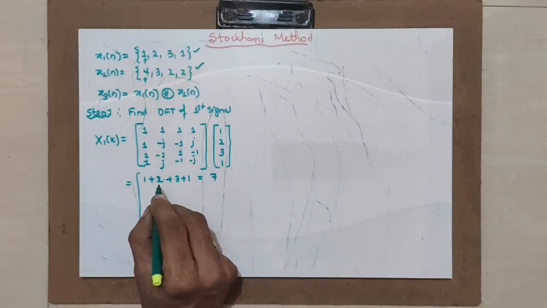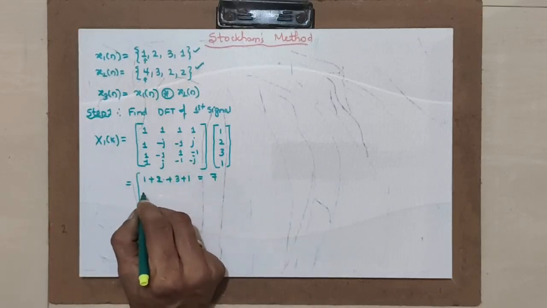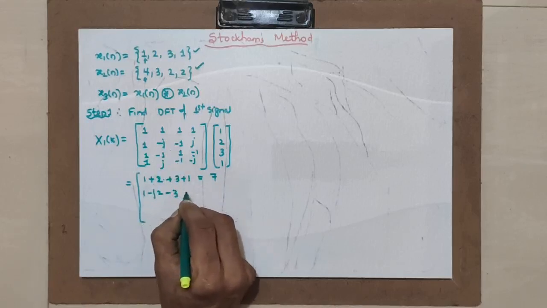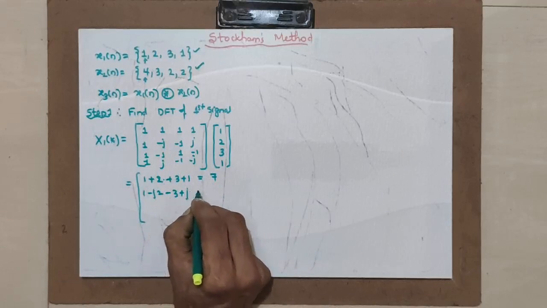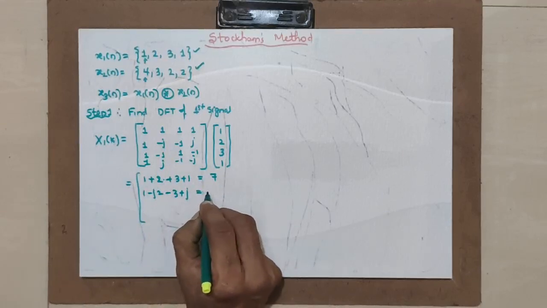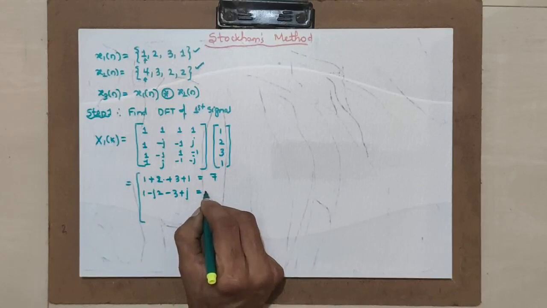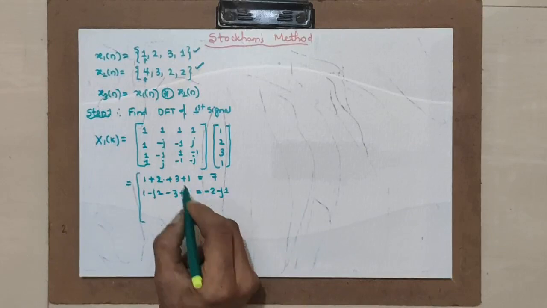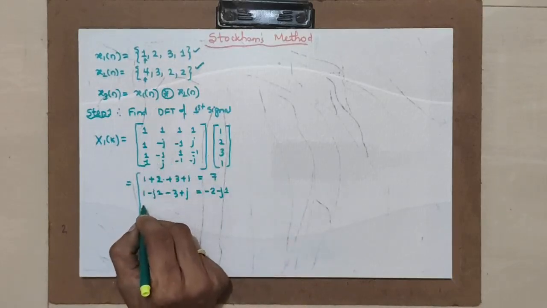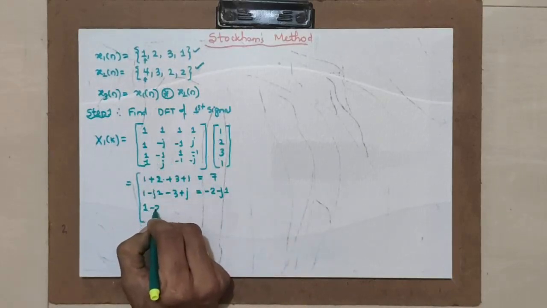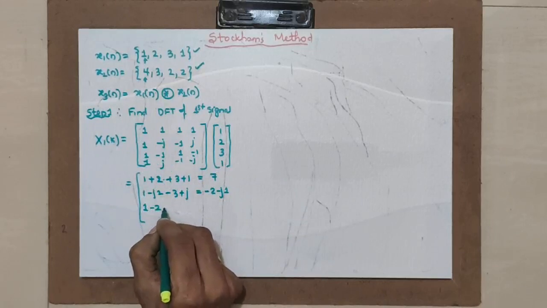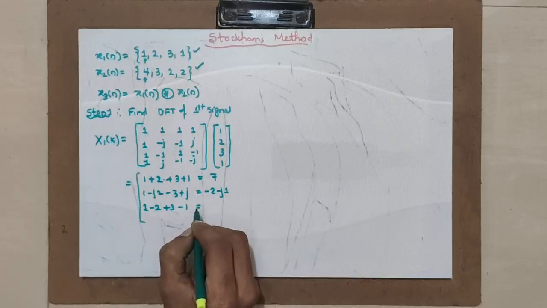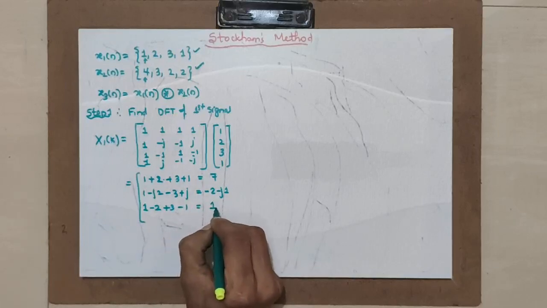Similarly, second row: 1 minus j2 minus 3 plus j, giving you minus 2 minus j1, correct? Minus 2 minus j. Similarly, third row: 1 minus 2 plus 3 minus 1. The answer becomes equal to 1, correct?